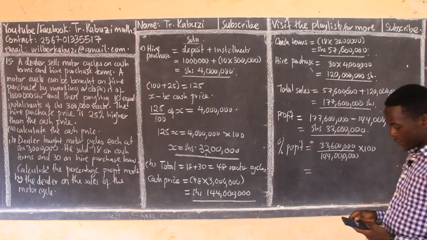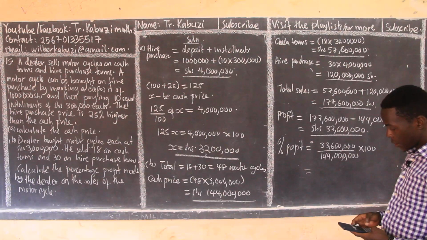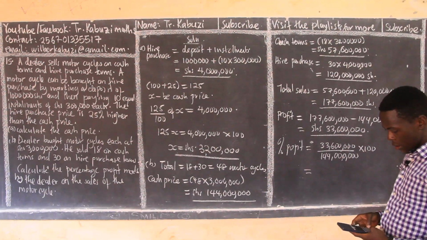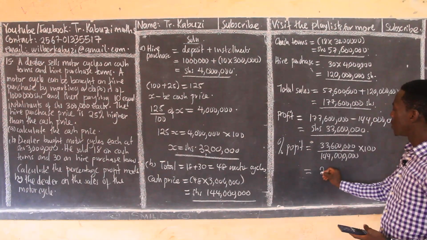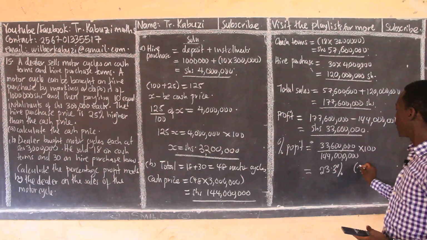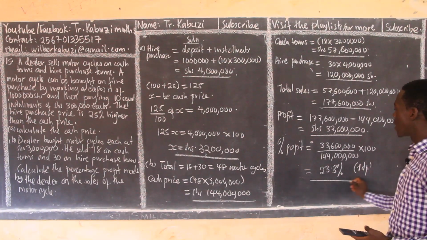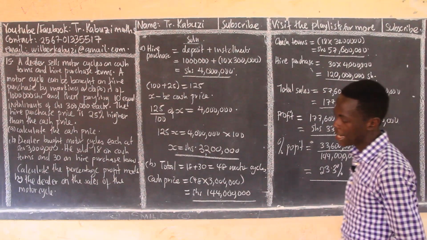And this will give us 23.3%. I'm giving this to 1 decimal place. So that's the percentage profit that man made.